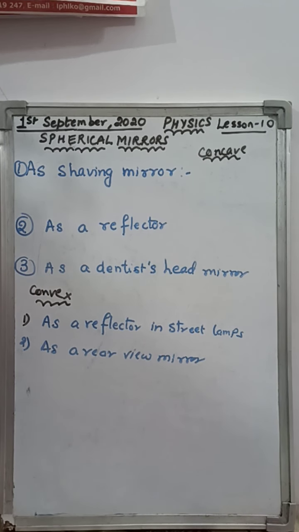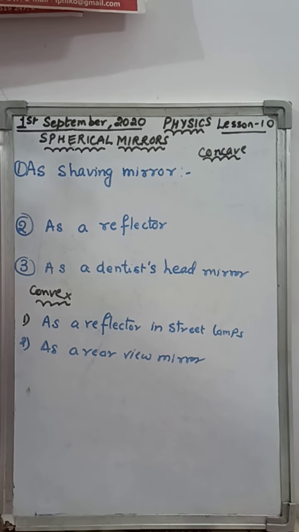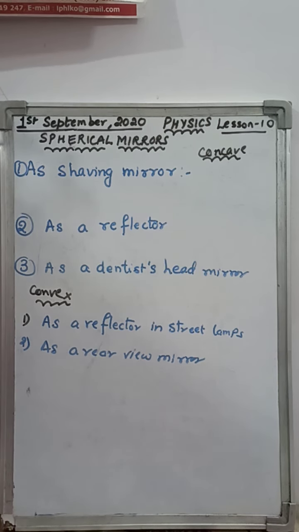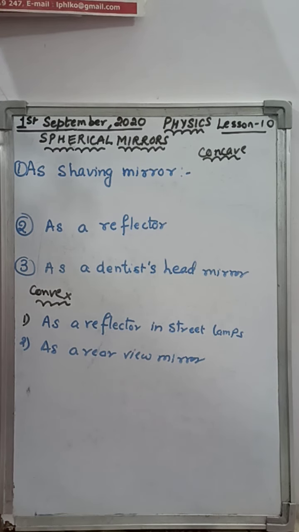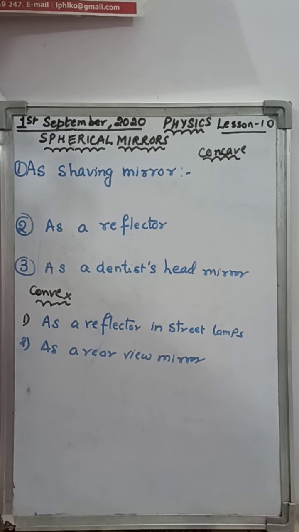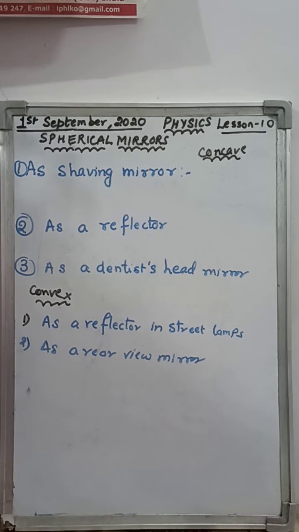Now, in the previous teaching session, I already discussed the uses of spherical mirrors, concave and convex, but I told you I would do the reasoning. Concave is used as a shaving mirror. Why? When we use a concave mirror for shaving, the face is placed very near the mirror.